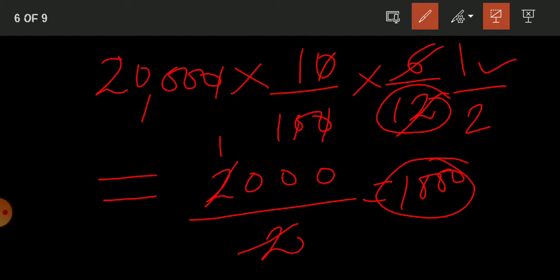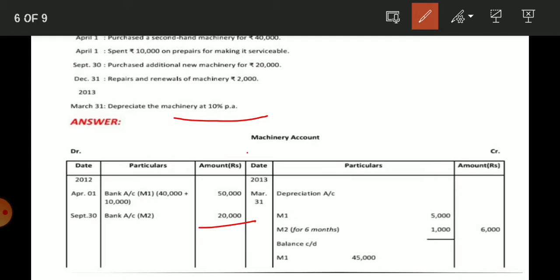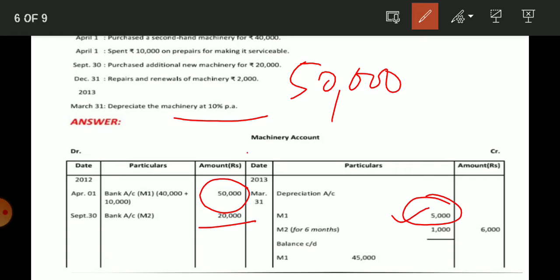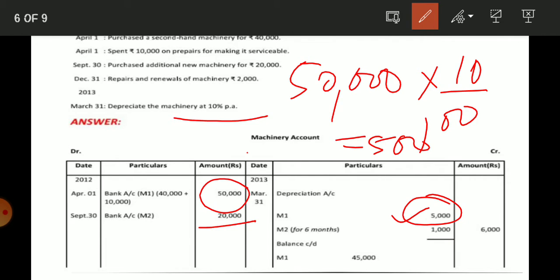In the next year, you had to charge the full amount, that is 2,000. So here we will charge for the first year 5,000. How is it calculated? 10% of 50,000, because this machinery runs for the full year. 5,000, and for the second machinery only 1,000 will be charged, so the total depreciation will be 6,000.